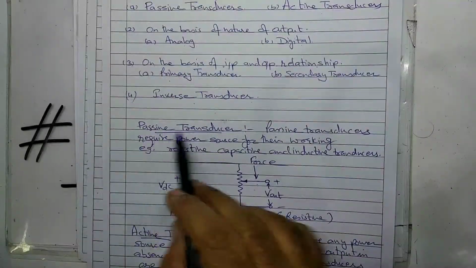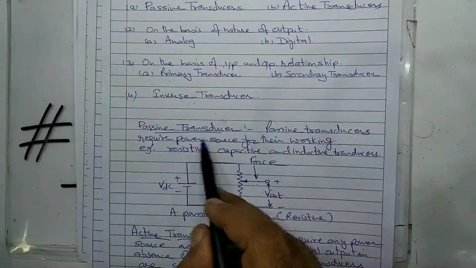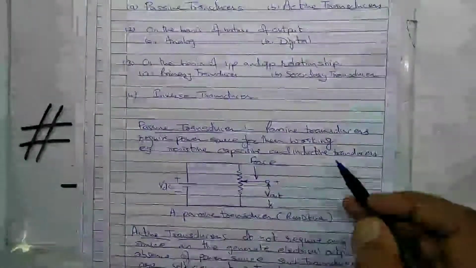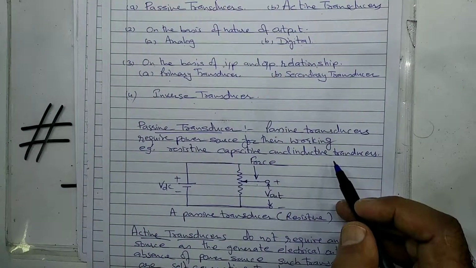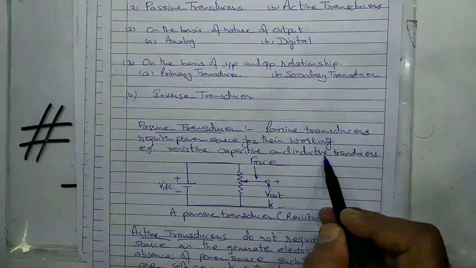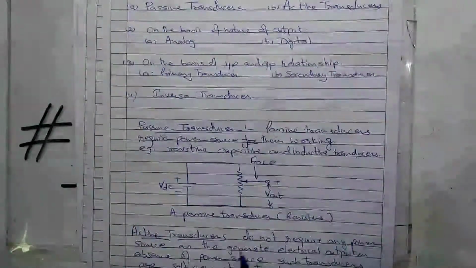Now we see passive transducer. Passive transducer requires power source for their working. Because they depend upon the power source, they cannot generate power or voltage. So, for example, resistive, capacitive and inductive transducers are passive transducers.